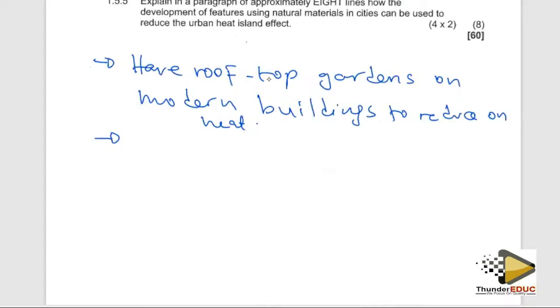let's check the question once again. It says, explain in a paragraph of 8 lines how development of features using natural materials in cities can be used to reduce the urban heat island. I think a rooftop garden that is natural, having plants that are natural, right?